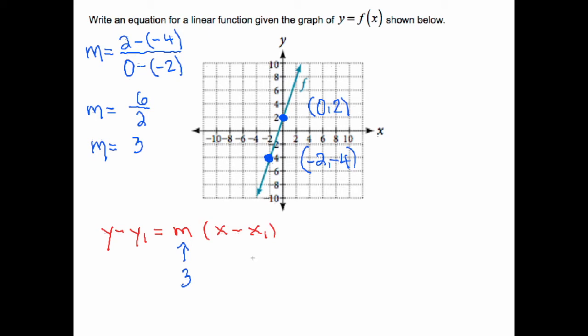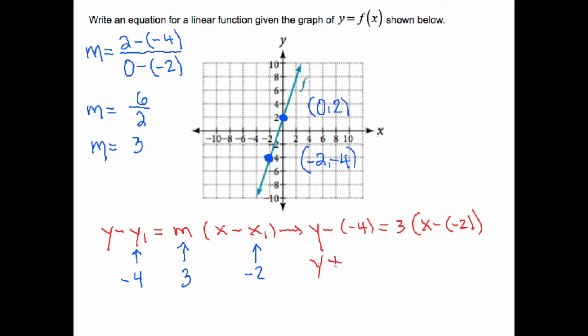Next, I'll substitute in x1, y1. If I substitute in a -2 for x1, and a -4 for y1, I can now rewrite my equation, which is y minus a -4 is equal to the slope, which is 3, times x minus a -2.